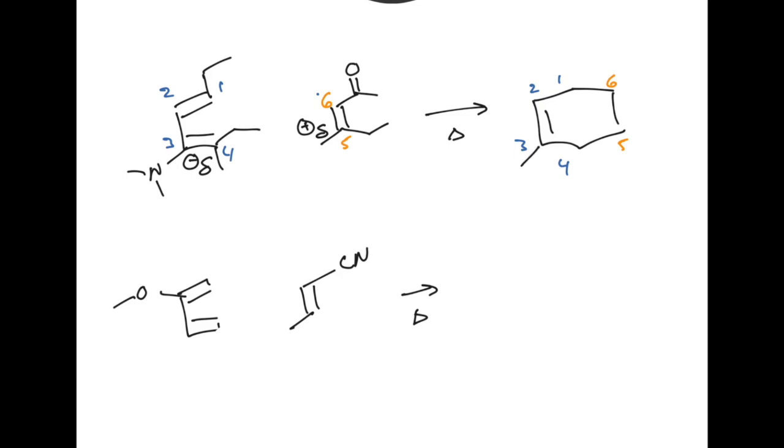Carbon 3 has the nitrogen. No stereochemistry on a double bond, just flat. The two ethyl groups on 1 and 4, same side or opposite side? Opposite. So we'll wedge one, dash the other. Ethyl on 1, methyl on 4 are on the same side.